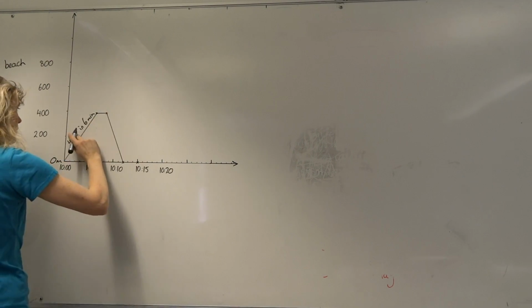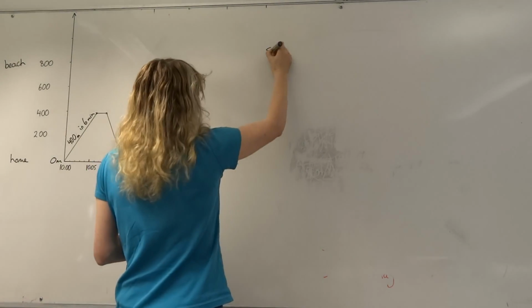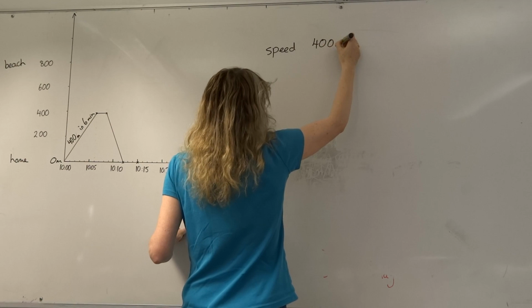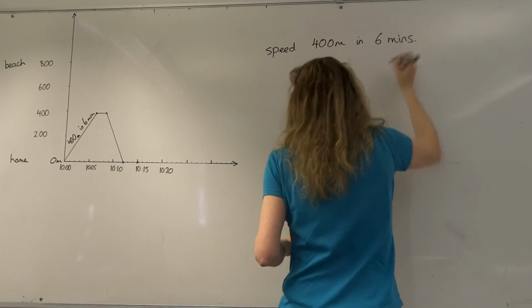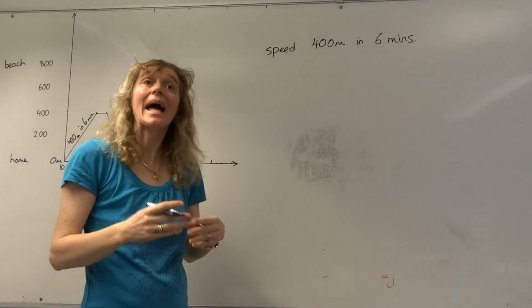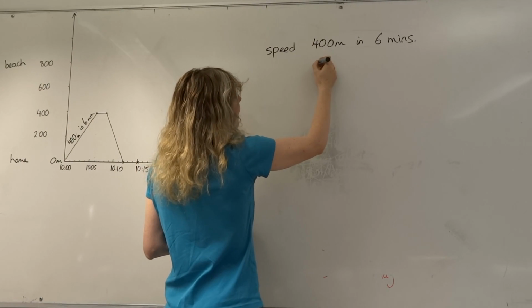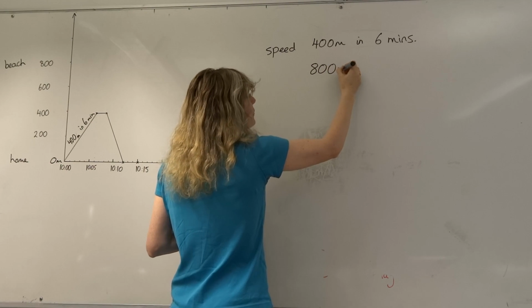Let's make sure. And what I do know is I went with double speed. So if I had a speed then of 400 meters in 6 minutes the first time around, and second time around I had double the speed, that means that in 6 minutes I'd have been able to run twice as far.